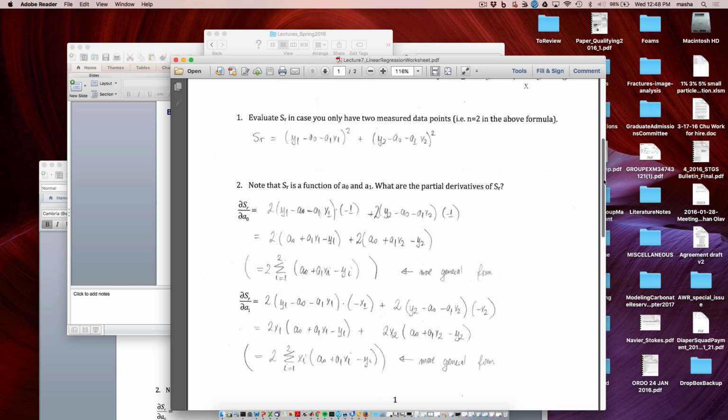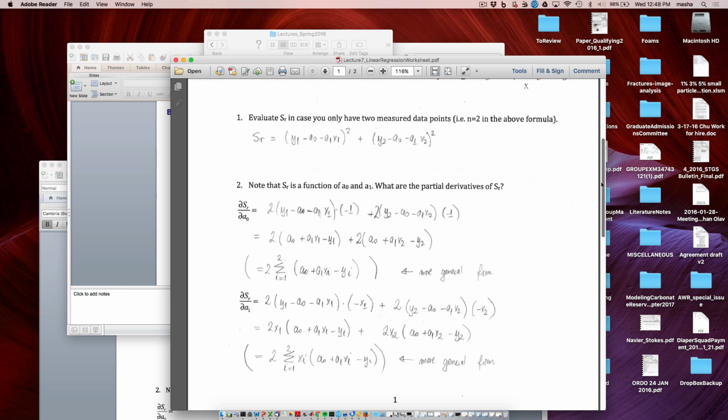Okay. Are we ready? So now I said that I wanted to minimize this SR, okay? I know that at a minimum, the partial derivatives, just like the first order derivative in a function of one variable, have to be 0. Okay? So I'm not just going to have one derivative 0, I'm going to have all of them for a function that depends on more variables.